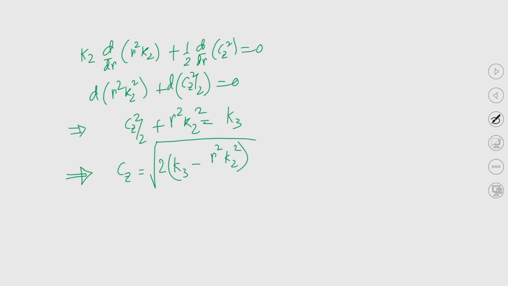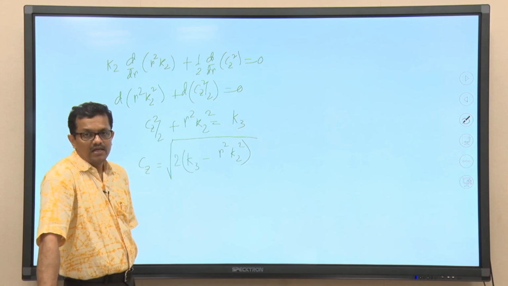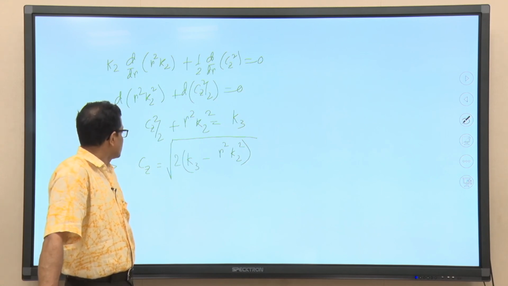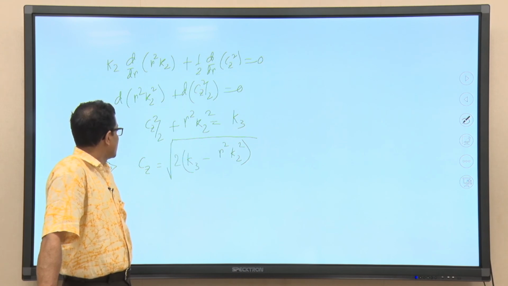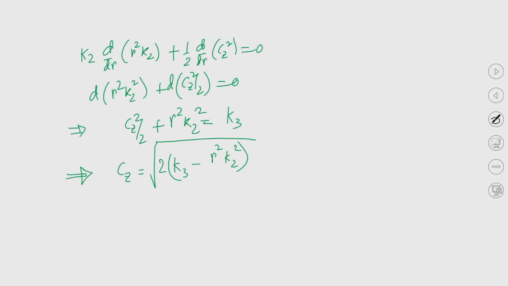By doing this very simple calculation, we have arrived at the expression that C z is equal to under root of 2 into k 3 minus r square k 2 square. Now, the question is, if we try to draw the distribution of flow velocities, that is very important.